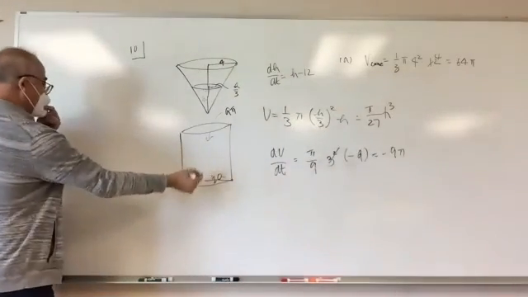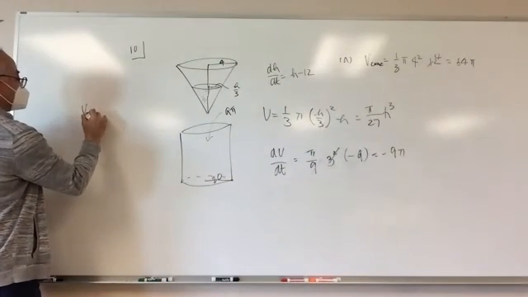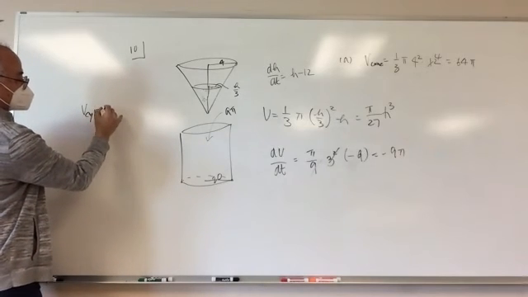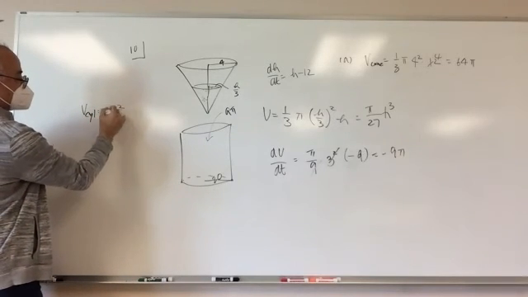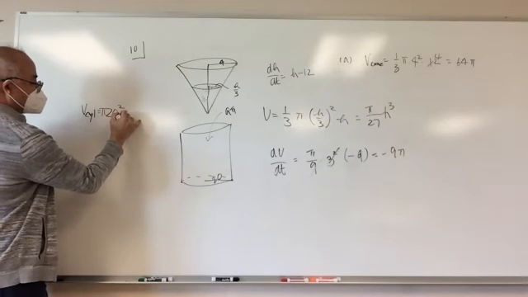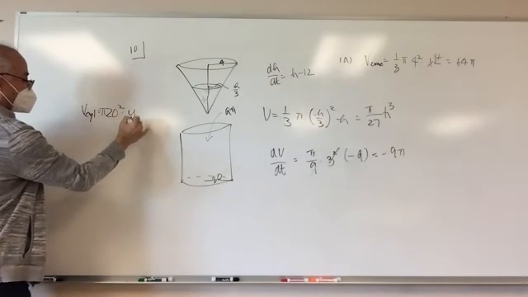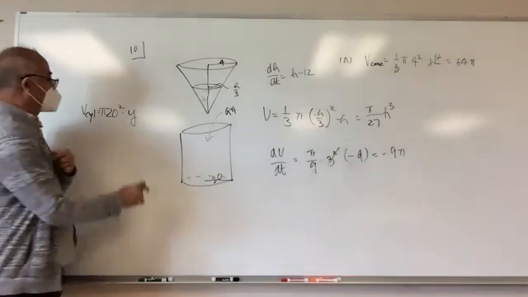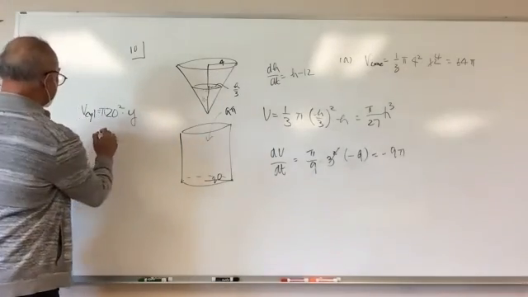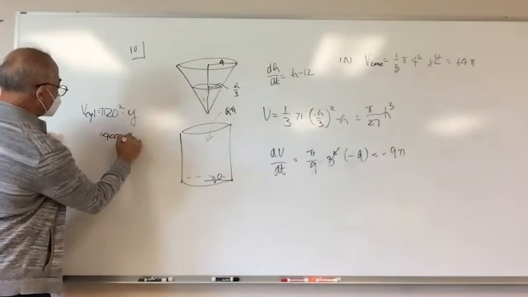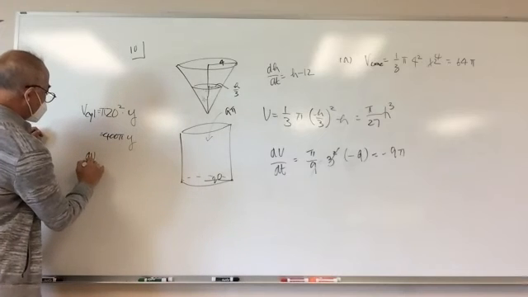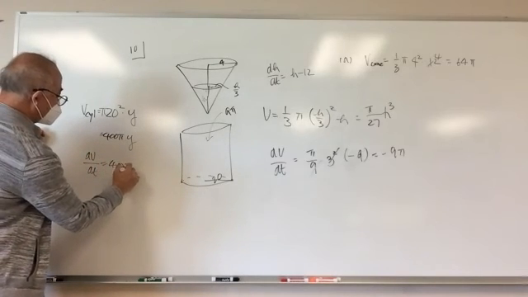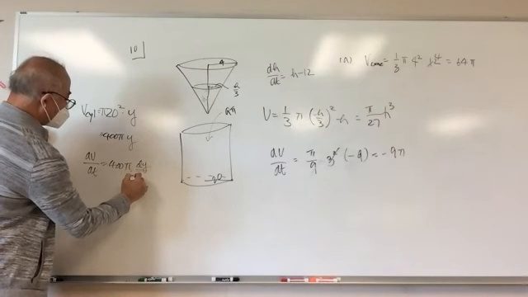So what's the volume here? The volume of the cylinder is equal to what? 20 squared pi r squared times h, right? Or y, because the height here was y, right? So we're at 400 pi y. dV dt is equal to 400 pi dy dt.